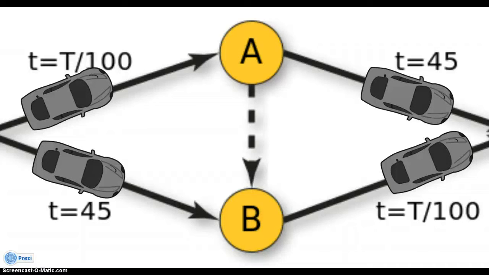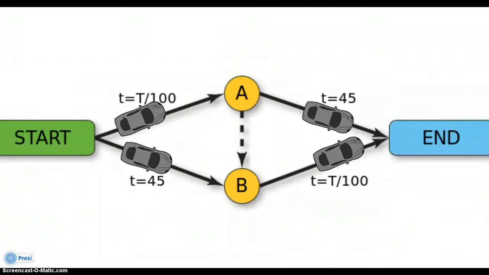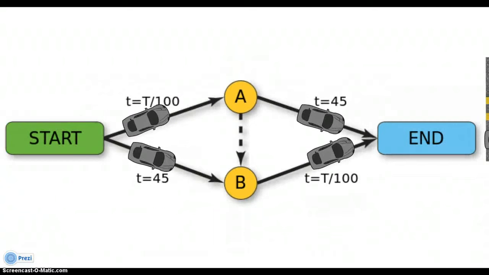For this example, we're going to imagine that there is no route between A and B, and only options A and B are available. So here you can see cars can only go two routes, and both routes equal 85 minutes total from start to end. This is what we like to think of as Nash equilibrium.